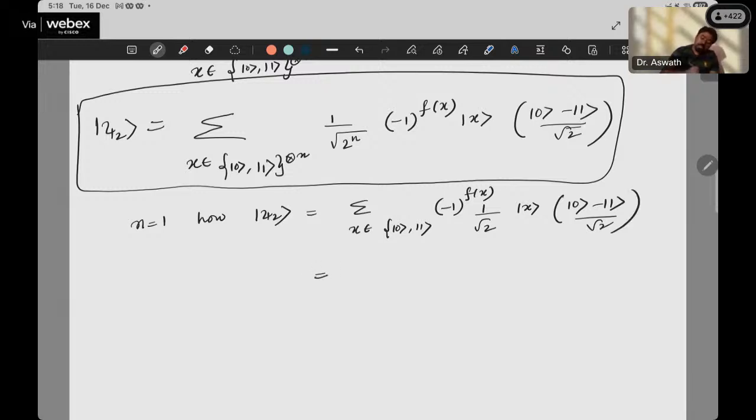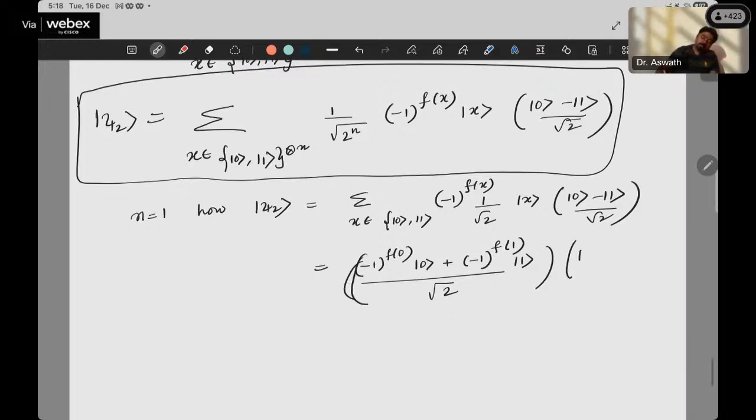So what I'll get is minus 1 to the power of f of 0, |0⟩ plus minus 1 to the power of f of 1, |1⟩, divided by square root of 2, times |0⟩ minus |1⟩ divided by square root of 2. This is what I'll get.